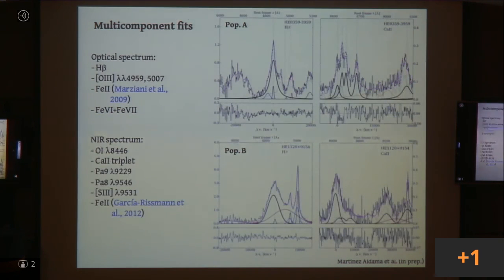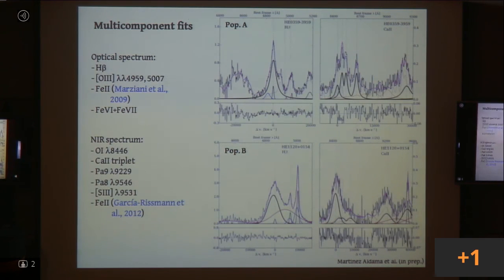Now, we also use this type of multi-component fit, which I insist is very important in order to fit and measure broad lines, otherwise you really don't know what you're doing, or you obtain uncertainties bigger than the lines.